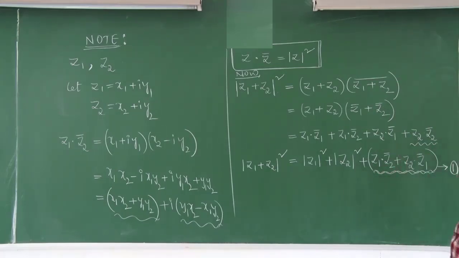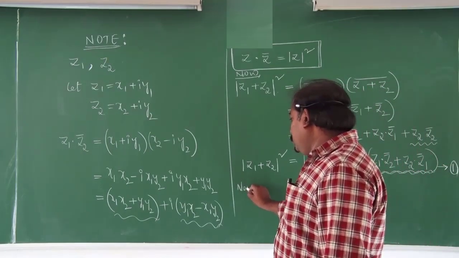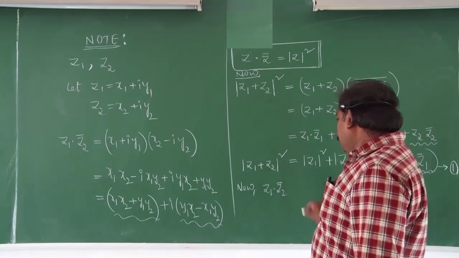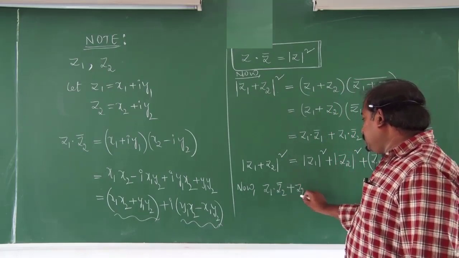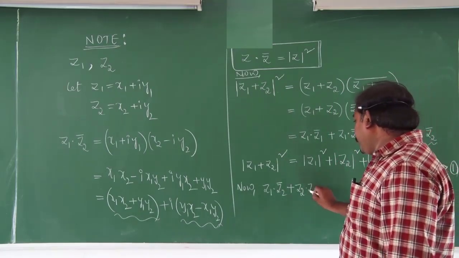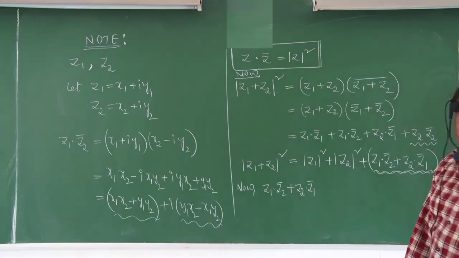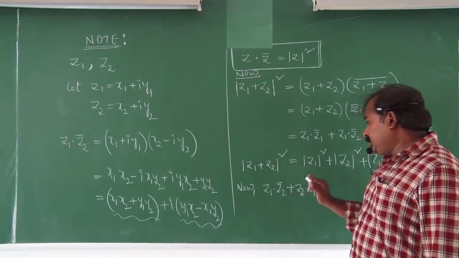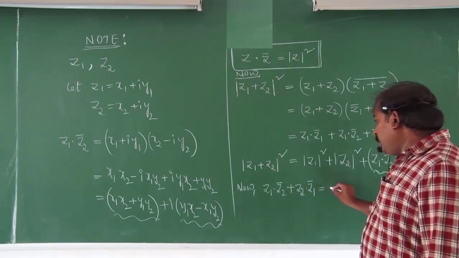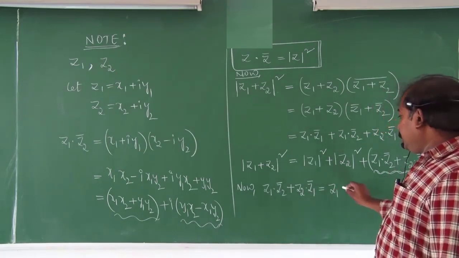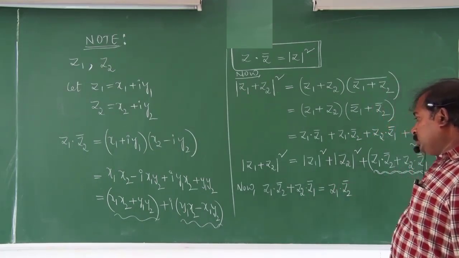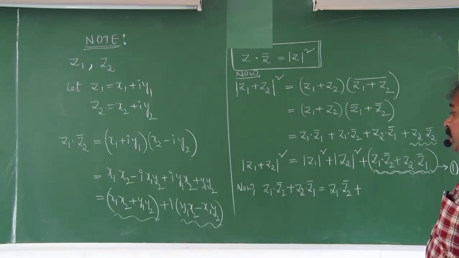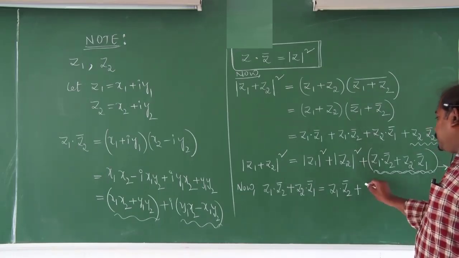Now I am calculating the value z1 into z2 conjugate plus z2 into z1 conjugate. This is the value we have to find now. I can write it as z1 into z2 conjugate plus this whole value.